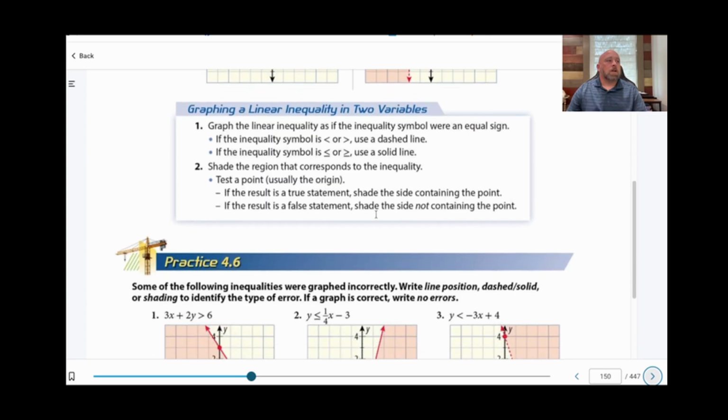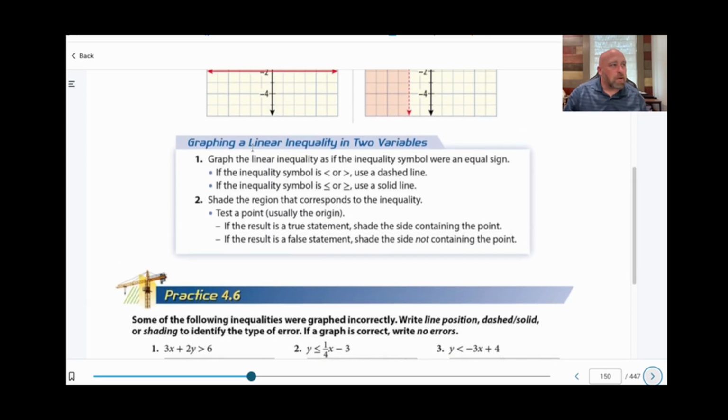Okay? All right, so graphing a linear inequality in two variables. This is easy, two steps. You should be able to handle this. Step number 1: graph the equation. I know it says graph the inequality, but graph it like it's an equation. You graph it the same way we've been graphing in chapter number 3. Then you look back at the sign. Is it a solid line?